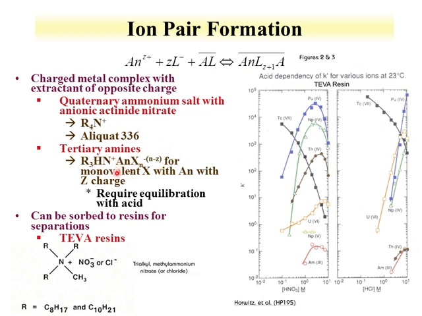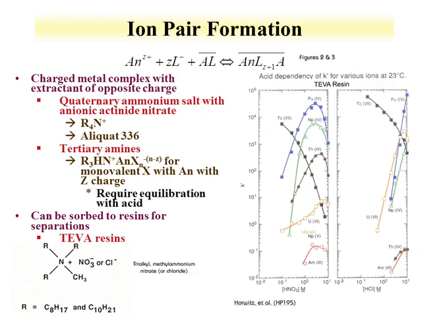In this case, if you have a monovalent anion, for instance nitrate, chloride, you can coordinate this to form a neutral species with actinide of charge Z. This may require equilibrium with acid to protonate your extracting organic phases.